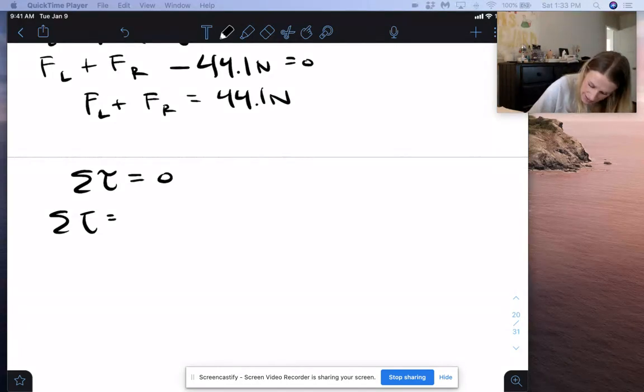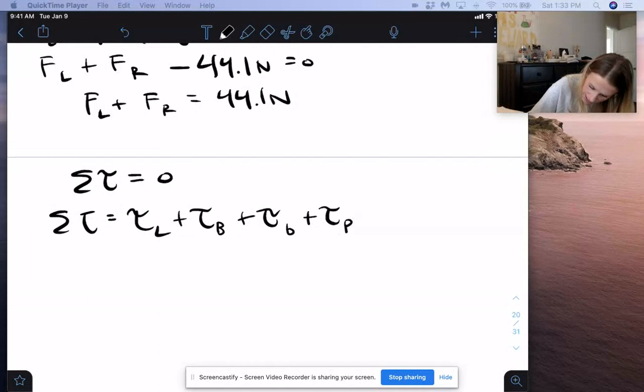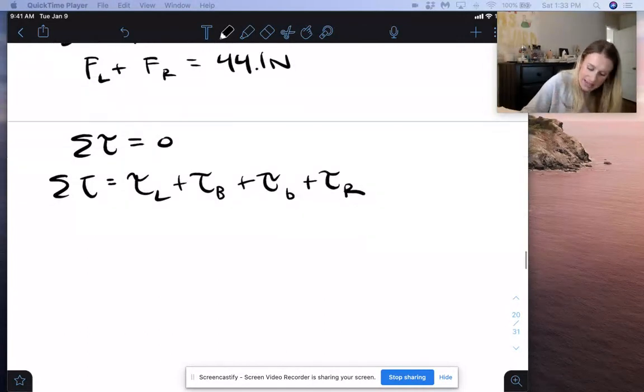So we're going to get torque from the left-hand side plus torque from the block plus torque from the beam plus torque from the right-hand side. And then, like I said, these two are both going to be negative.